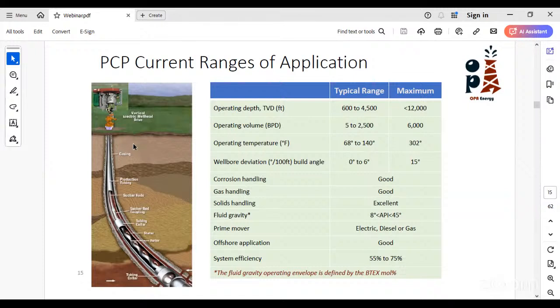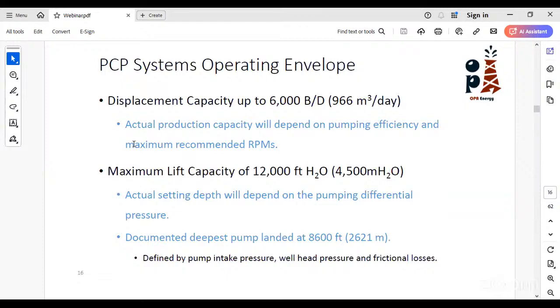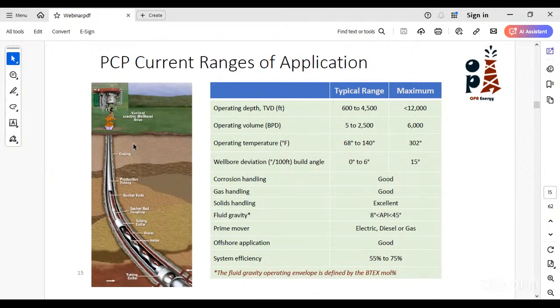It can be good in offshore application because offshore applications have limited space that can constrain the design. The system efficiency is 55% to 75%. And these are the typical applications for which we recommend our users to use PCP.